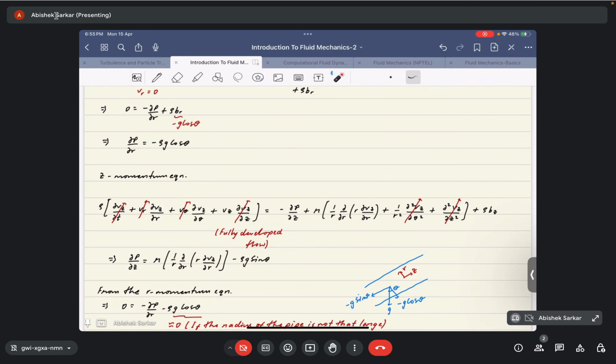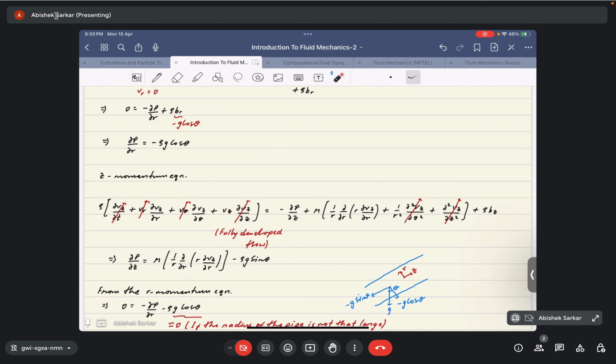You can see here that there are no additional terms in the z momentum equation, because the z coordinate is independent of theta and r in the cylindrical coordinate system. So the additional terms do not arise in the z component of the momentum equation.